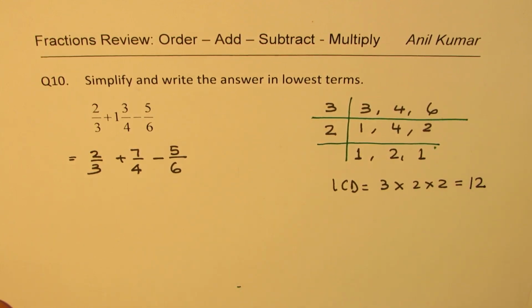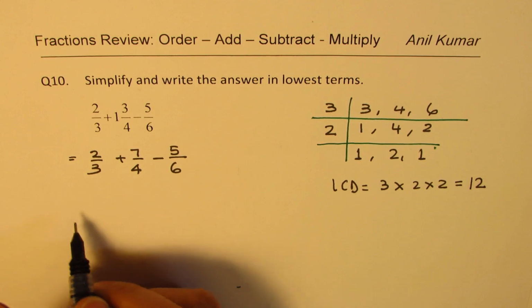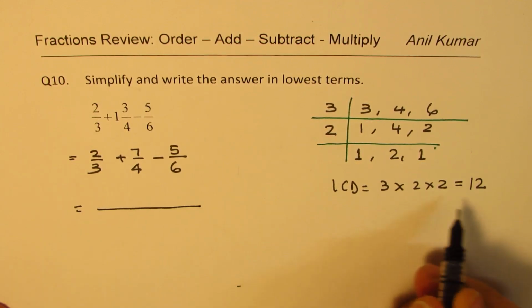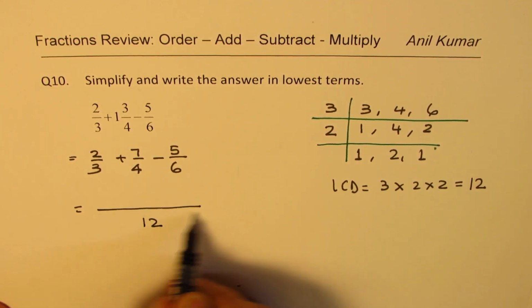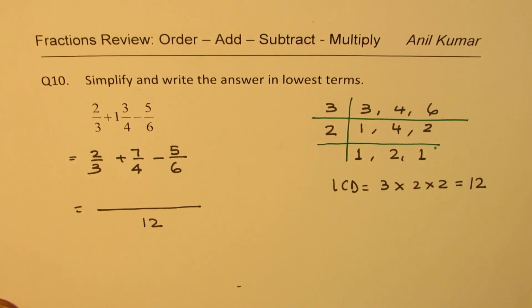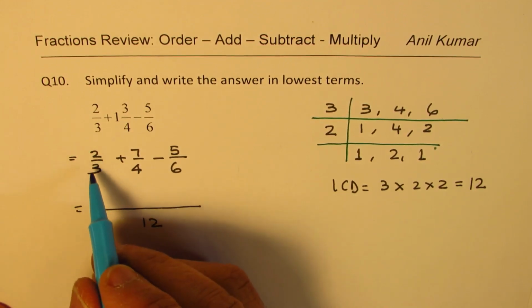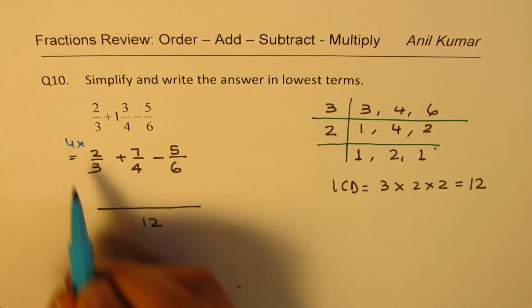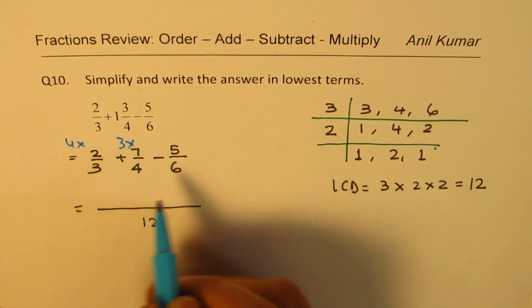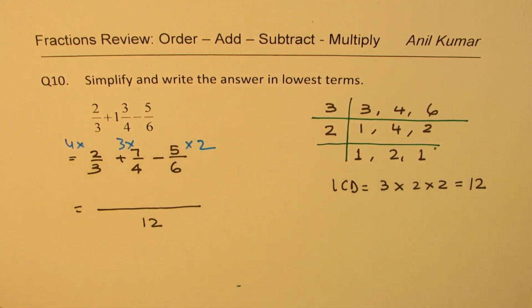So we need to write all these fractions with a common denominator of 12, right? So we could write a straight line here and a common denominator. This is the most efficient way of doing it. How do I get 12? Now to get 12 from the first fraction, I have to multiply it by 4. For the second, I have to multiply by 3. For the third, I have to multiply by 2.